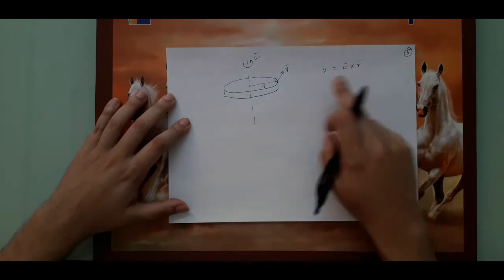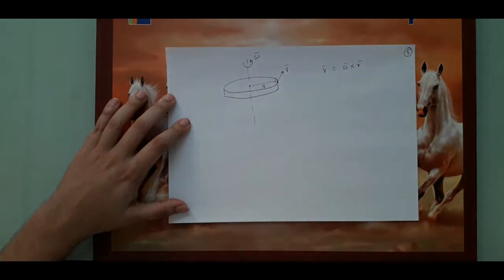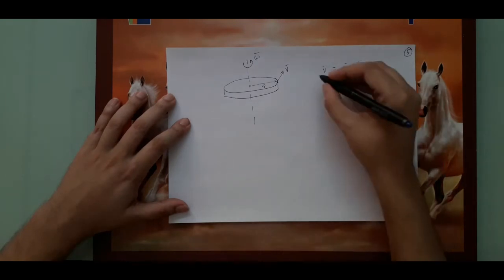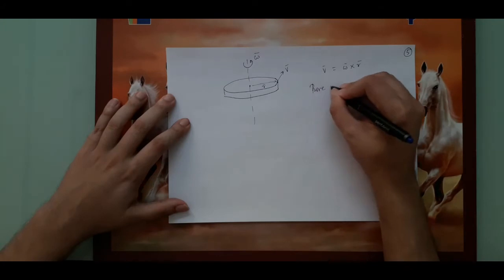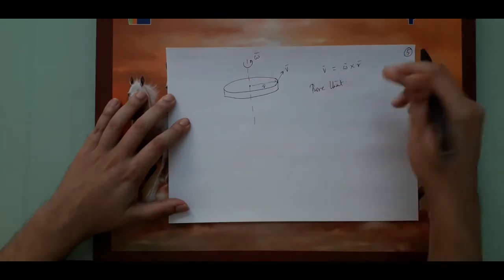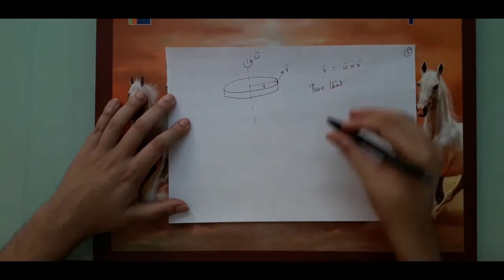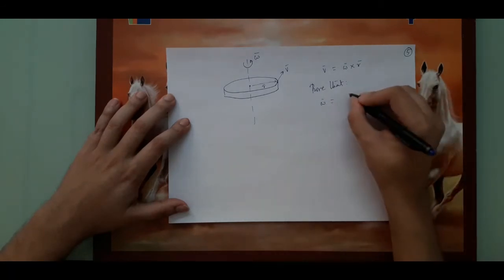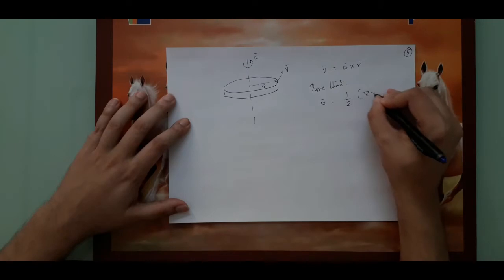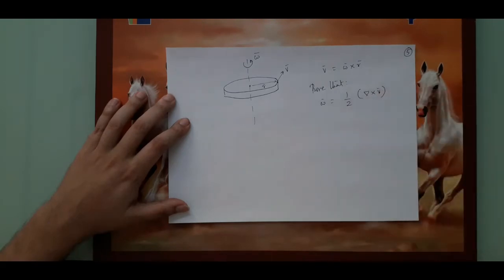Now the question is, can I represent omega in terms of r and v? I can. I leave it to you as an exercise to prove that. And if I were to now express omega, that would be nothing but half of del cross V.